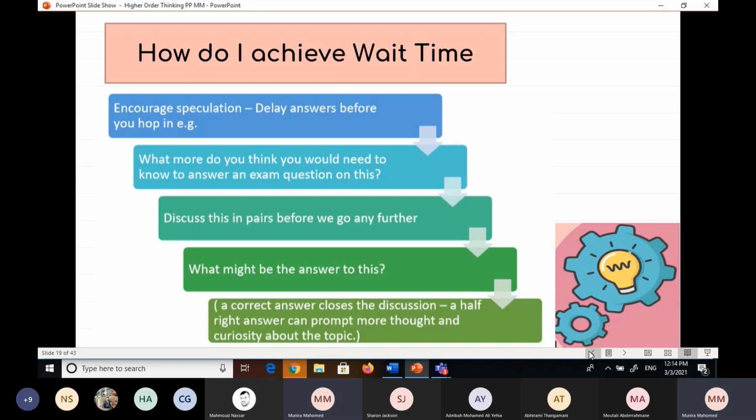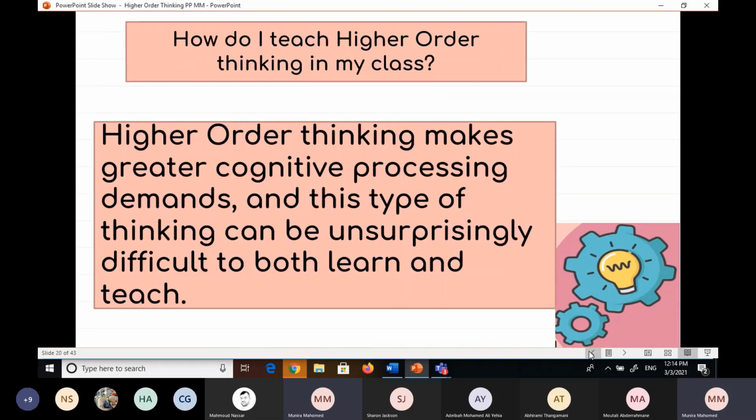Or a correct answer that you give to just any discussion kind of closes discussion and puts a stop to it right there. So you get half the answer and you cannot prompt even more thought about the topic or allow them curiosity about it, because you have an answer already and they think that's what's needed and you have to move on for the rest of the lesson.